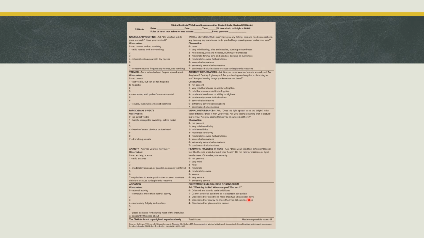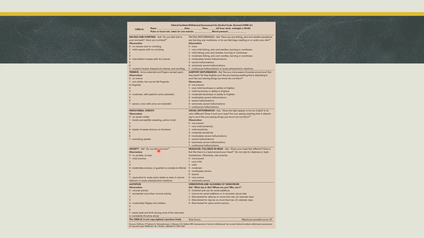Depending on your nursing practice, I just ask them the questions. I can tell if they're nauseous or vomiting in my assessment. If I've been having to give them Zofran pretty frequently, I can score them on that. I can assess for a tremor and how sweaty they are. I ask them, how anxious are you? Is there anything that could help that anxiety?